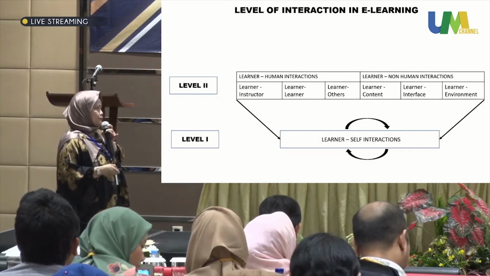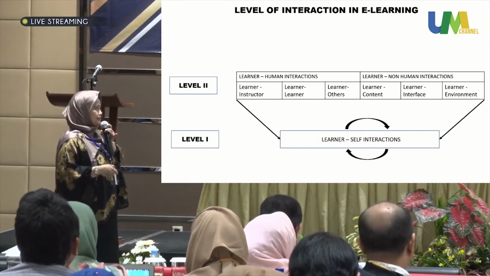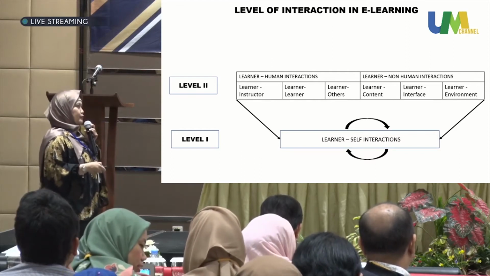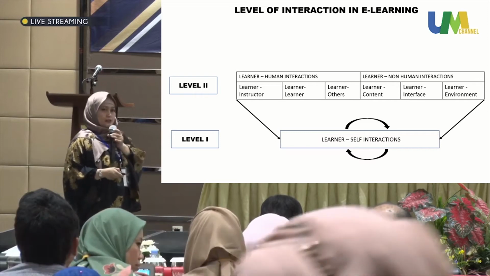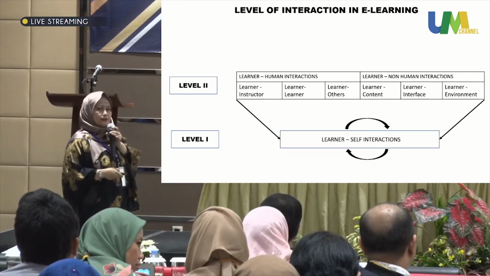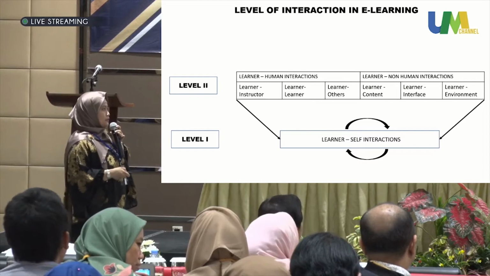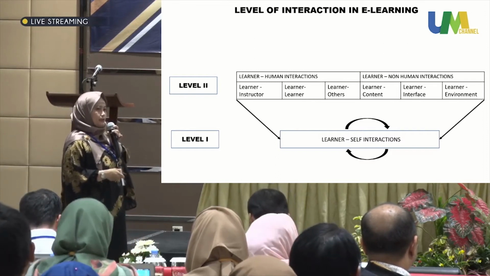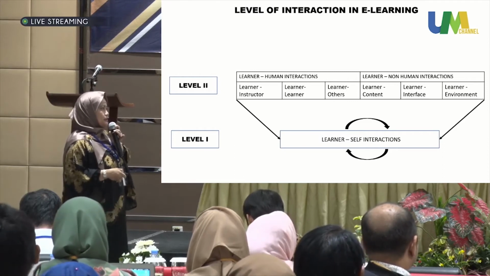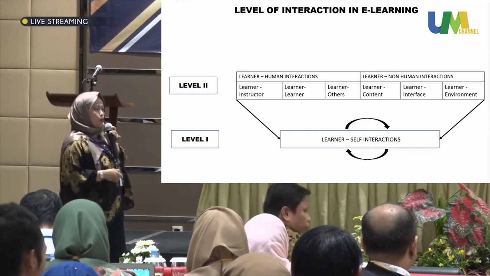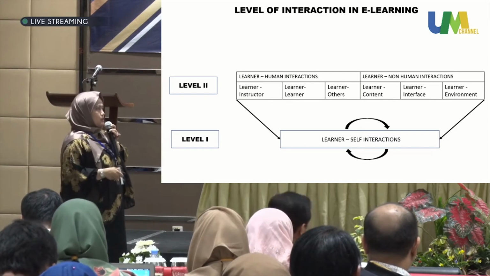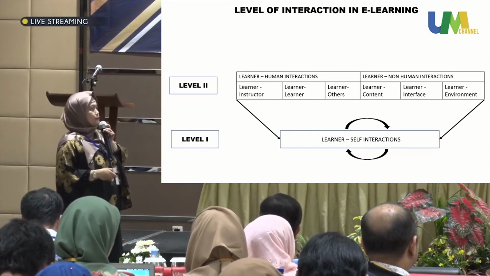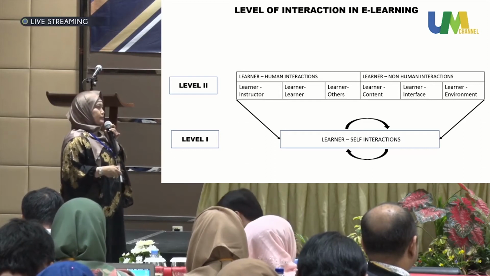So we have to define what interaction will be used in our online learning system or other digital system. For example, learner to instructor or learner to learner. Learner to learner is related to collaboration, asynchronous or synchronous, such as forums and group discussion.